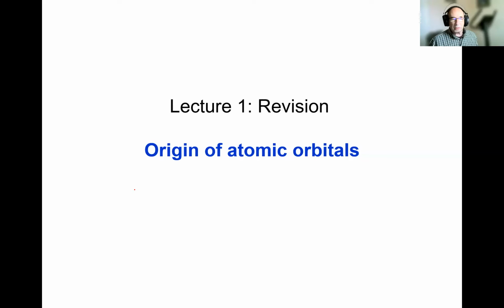Now what I wanted to do is to go through some revision, and particularly the origins of atomic orbitals, because this is the basis of everything you are going to do in the future. Even if you do molecules or crystals, you'll be dealing with basis sets, which are basically atomic wave functions. These are represented either in the form of what we call atomic orbitals or plane waves.